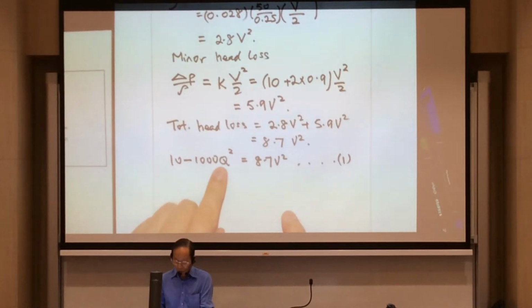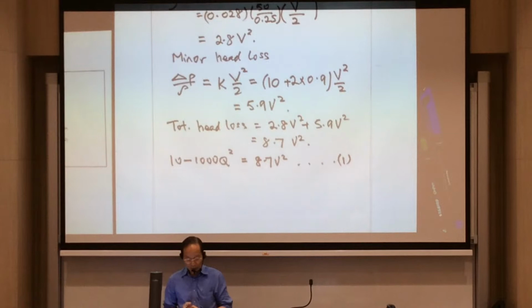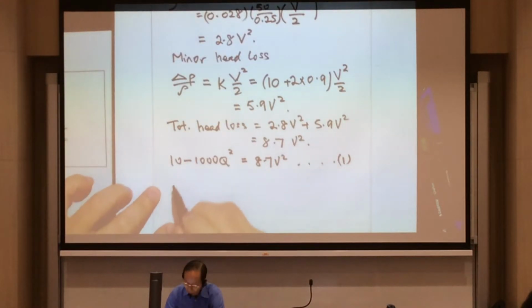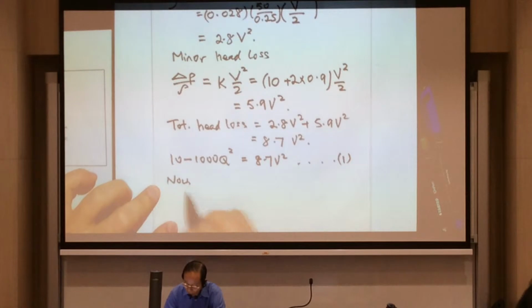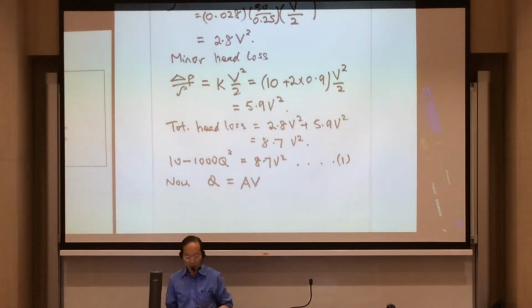Yes, there's a Q and there's a V. We cannot find V unless we find Q. So what is Q then? Now, the volumetric flow rate Q is given by A times V, cross-sectional area times the mean velocity.